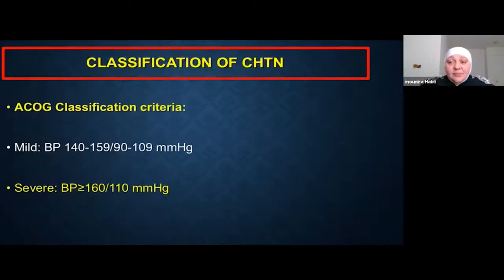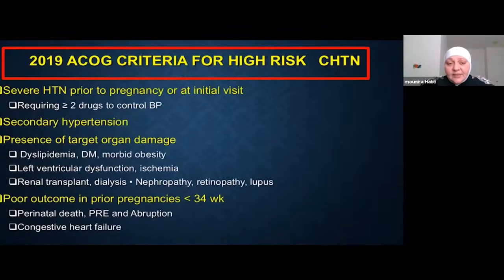What about severe hypertension? What are the criteria that have been listed?